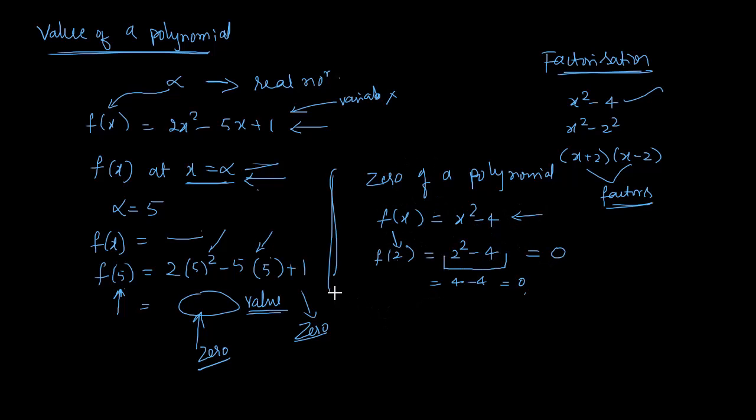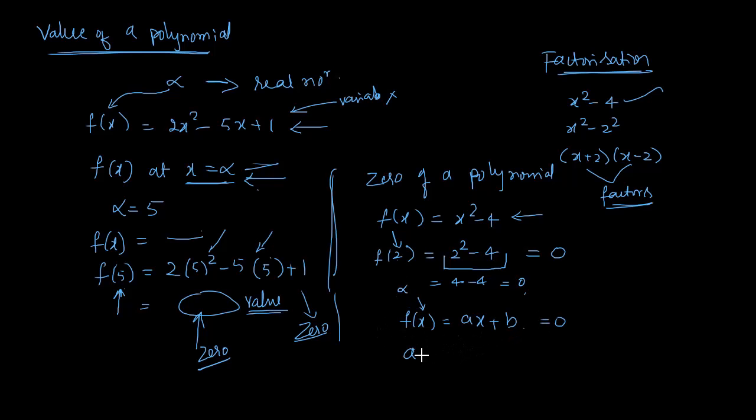So if I represent this in terms of just variables, f(x) = ax + b. Let's just take only degree 1, that's a simple one. Whatever value I put instead of x, if I put alpha, this has to be 0, because alpha is going to give me 0 for that polynomial.